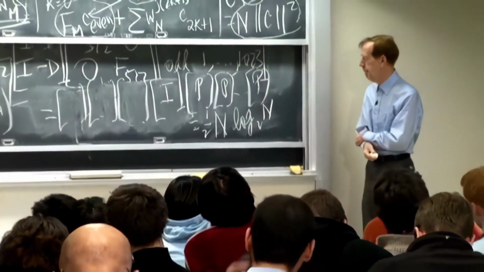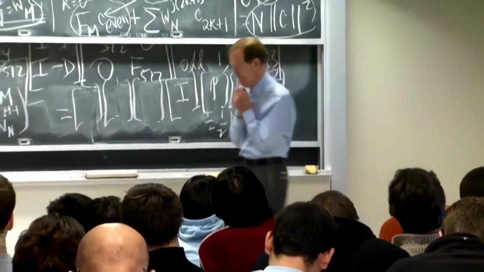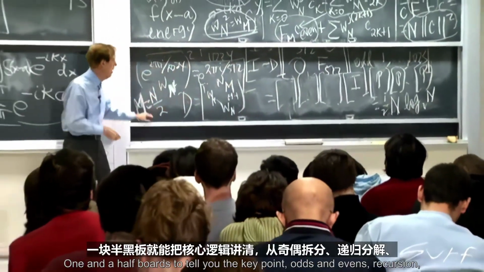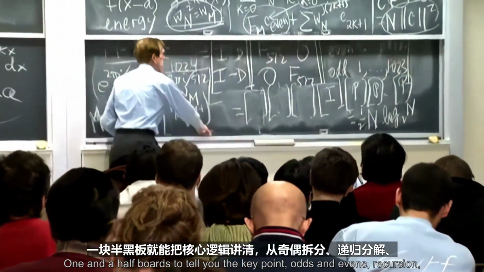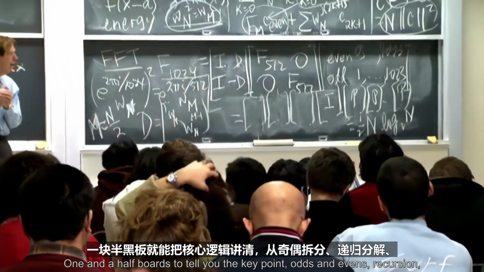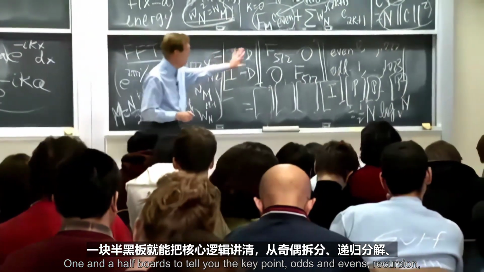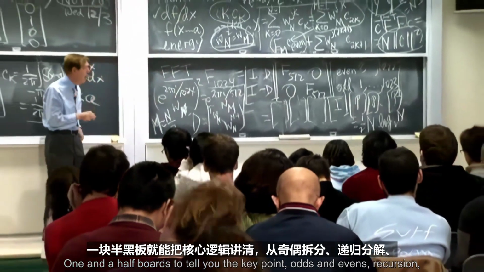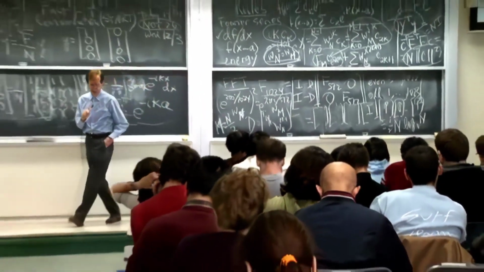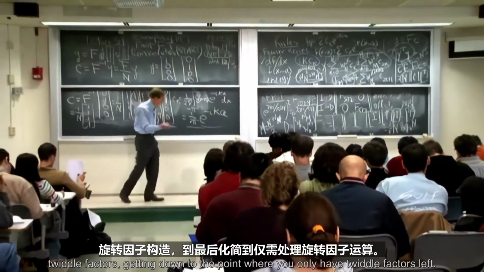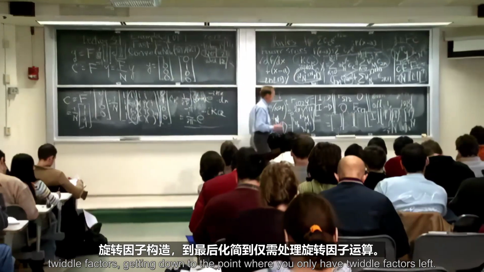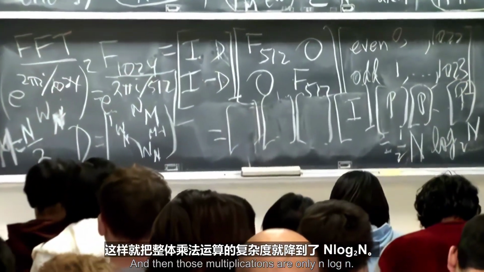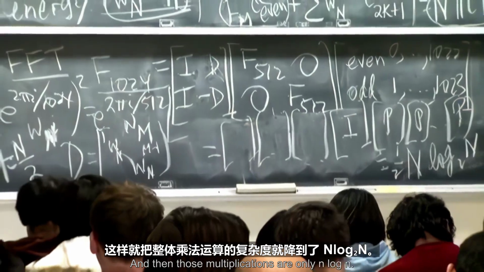Okay. It's almost all on one board, 1.5 boards, to tell you the key point: odds and evens, recursion, twiddle factors, getting down to the point where you only have twiddle factors left, and then those multiplications are only n log n.